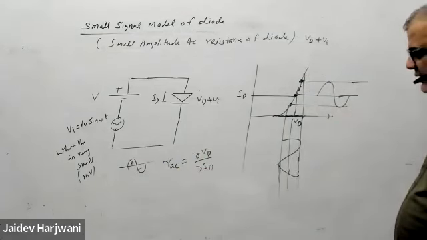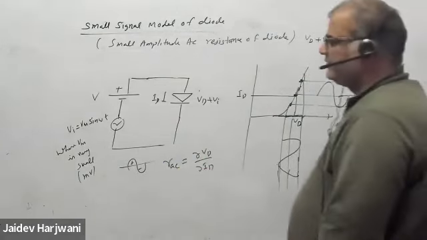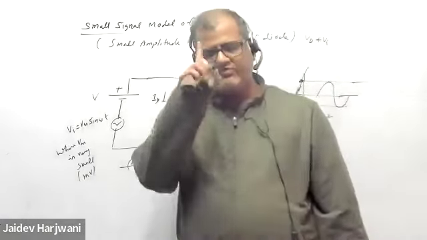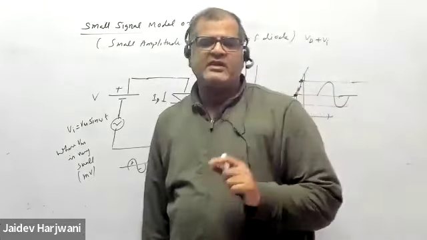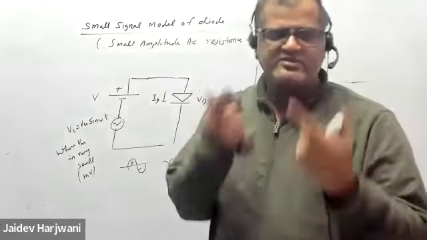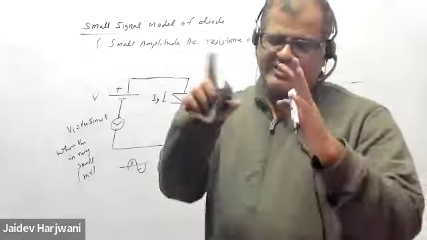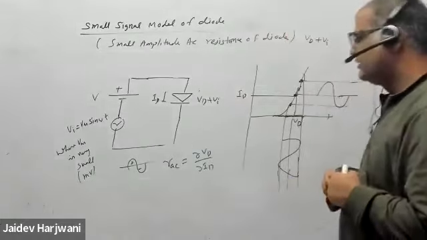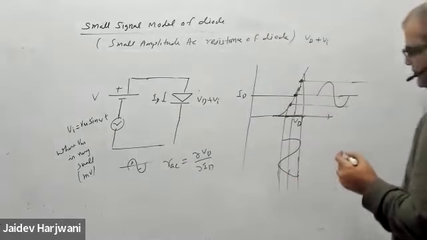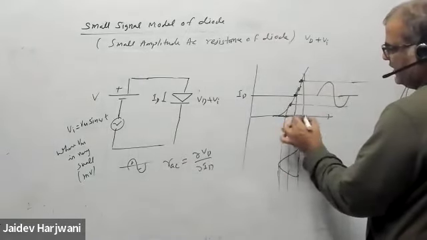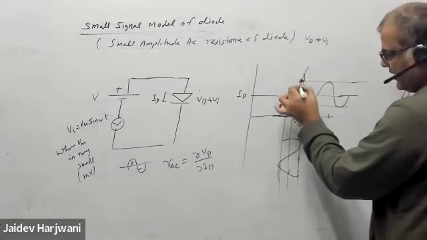Are you getting my point? If you're applying a DC source, you have a fixed operating point, and you can measure the DC resistance by simply taking the voltage of the diode and how much current is flowing through the diode. The ratio gives you the DC resistance. If you're putting in an AC amplitude, there is now a delta VD here and a delta ID here.